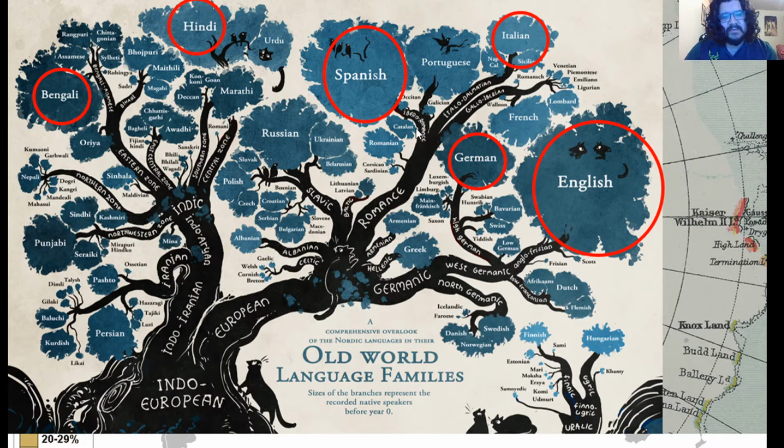Think of this as your family versus your cousin's family, that kind of thing. Now, even though these languages are very different, we still have a lot of commonalities with Hindi, Bengali, and even though the vocab is different, even though the grammar may be different, these all were sourced from that original Indo-European language, a Proto-Indo-European language. All right.